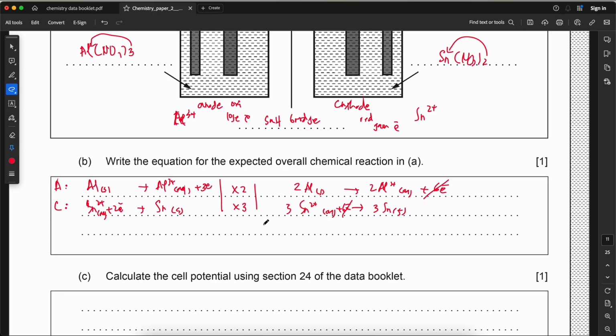Then you add them: 2 Al solid plus 3 Sn2+ aqueous gives 2 Al3+ aqueous and 3 Sn solid.